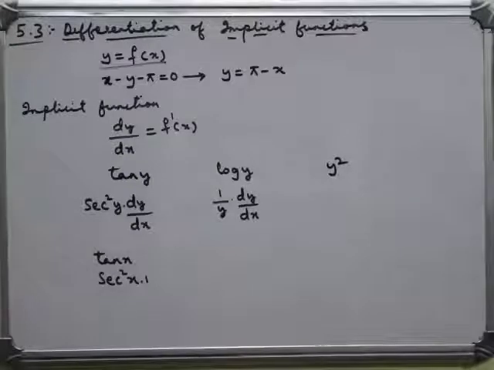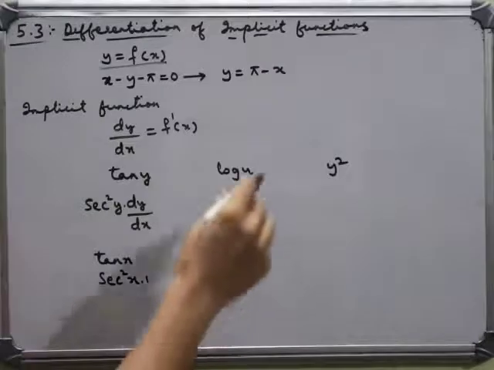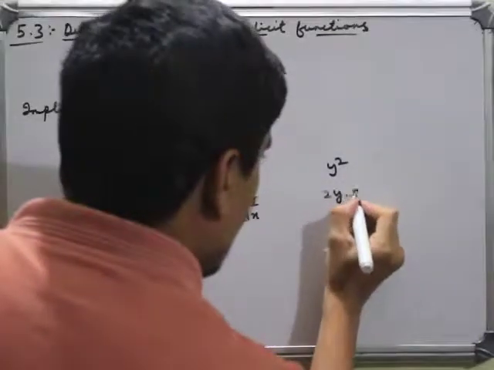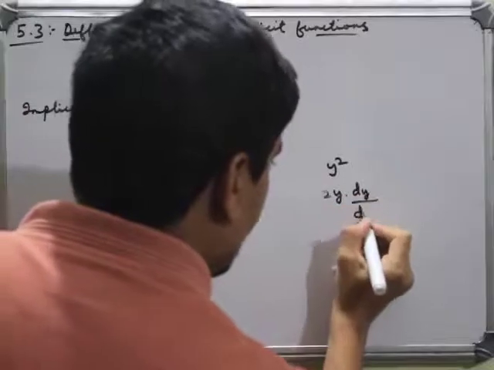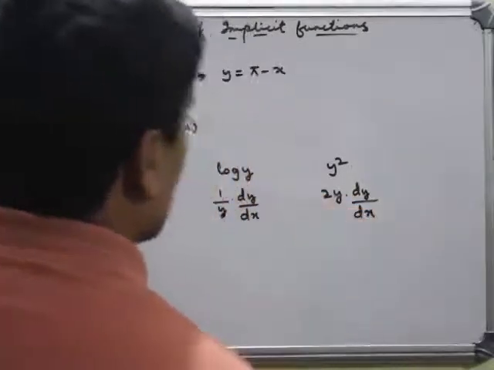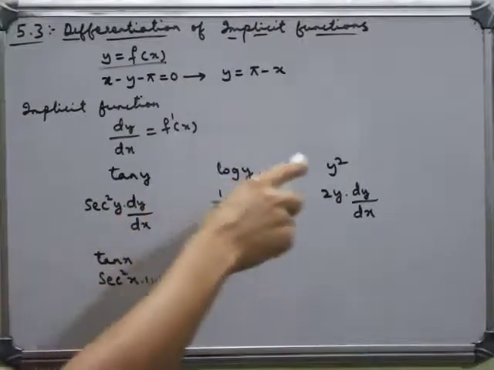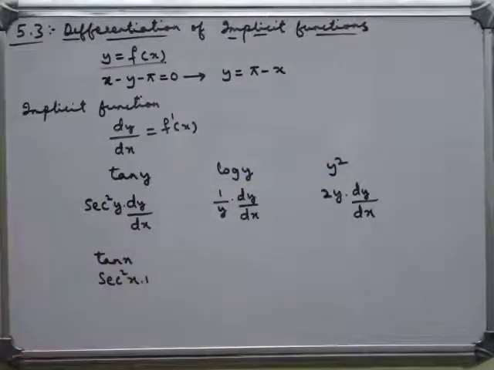Now y square. Differentiation of x square is 2x and differentiation of y square is 2y into dy by dx. First differentiate as per the rule, that is differentiation of x raised to n is n into x raised to n minus 1.